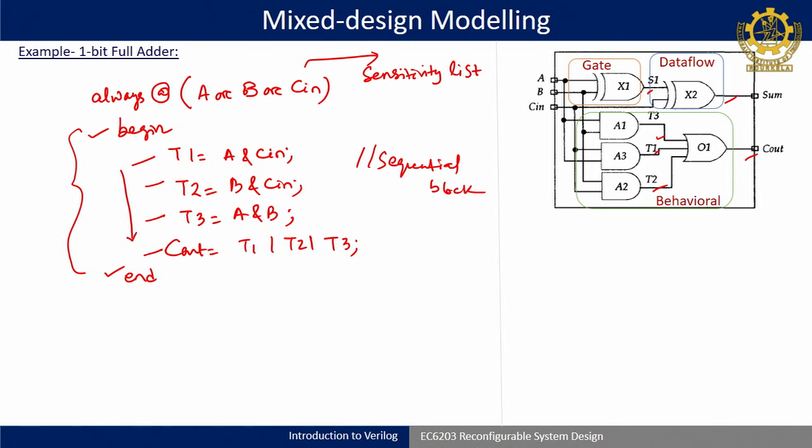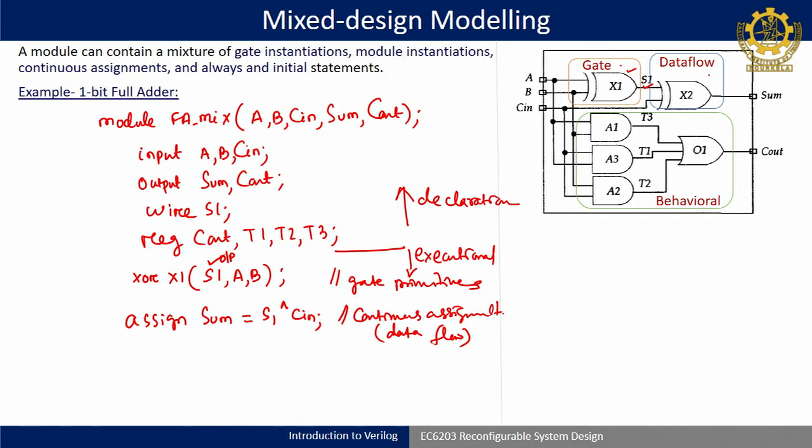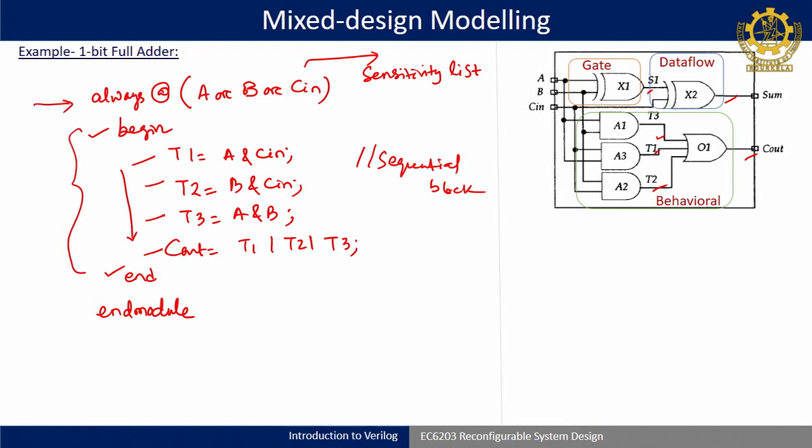Once it is over, I think all modeling is done. Then we will end with endmodule. So this is how we do mixed design modeling. The last summary of this slide is just how they execute. This XOR is an independent piece of coding, this assign is another independent piece of coding, then this always is another independent piece of coding.